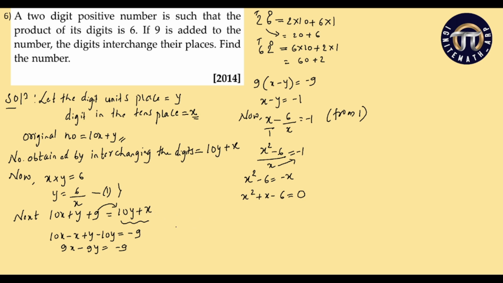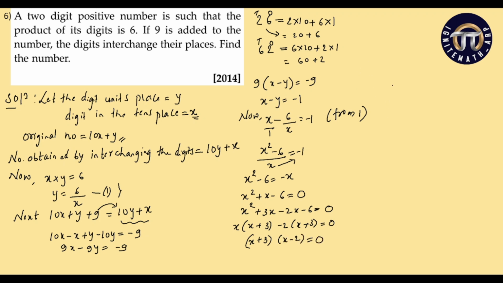Now how can I simplify this? I can simplify this as x square plus 3x minus 2x minus 6 is equal to 0. So x is taken common: x into x plus 3, minus 2 into x plus 3, is equal to 0. So x plus 3, then x minus 2 is equal to 0.